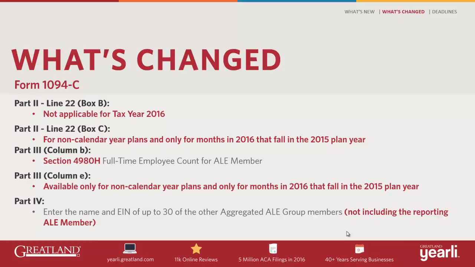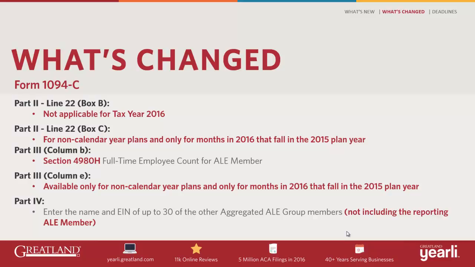On Part 3, Column B, IRS added the words Section 4980H to the column heading to provide more clarification. It now reads Section 4980H Full-Time Employee Count for ALE Member. For ACA purposes, a full-time employee is one who works on average 30 hours per week or 130 service hours per month.